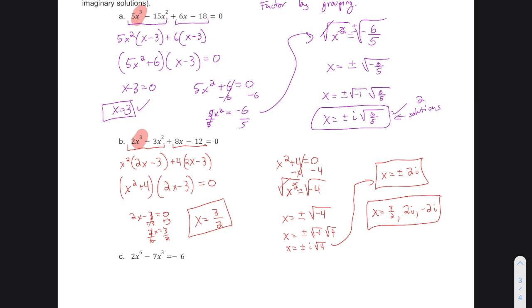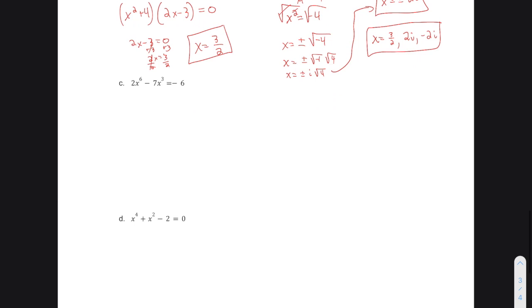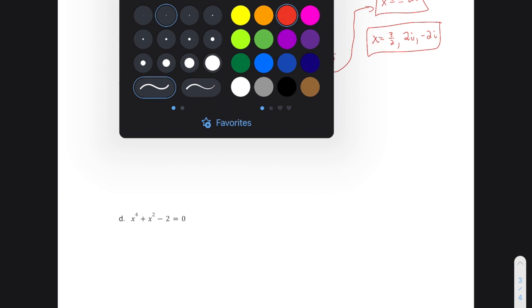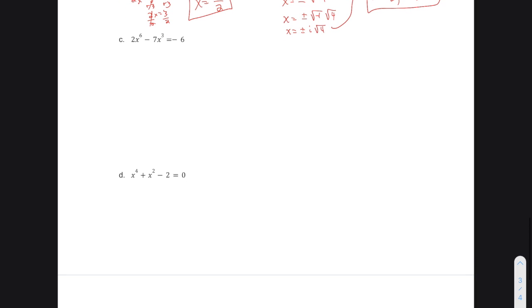Okay, so those two examples talk about factor by grouping. Our next examples will be a little different. So let's change color again. In part C, we have 2x to the 6th power minus 7x cubed equals negative 6.